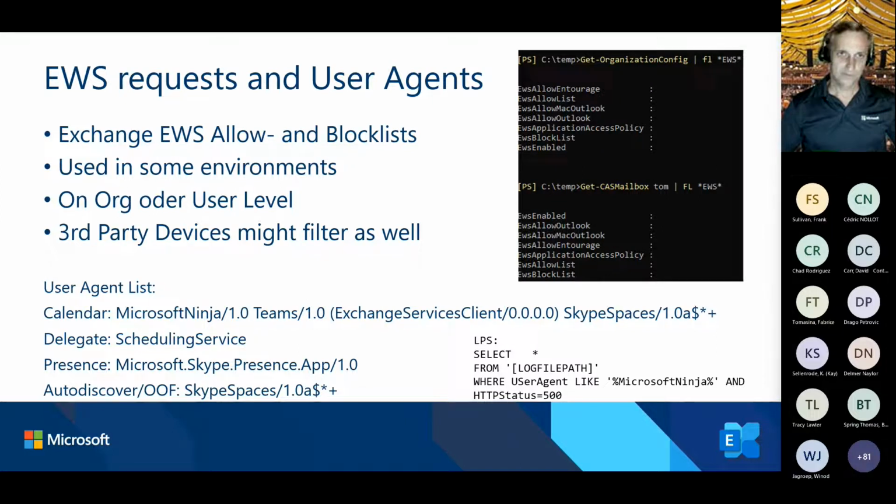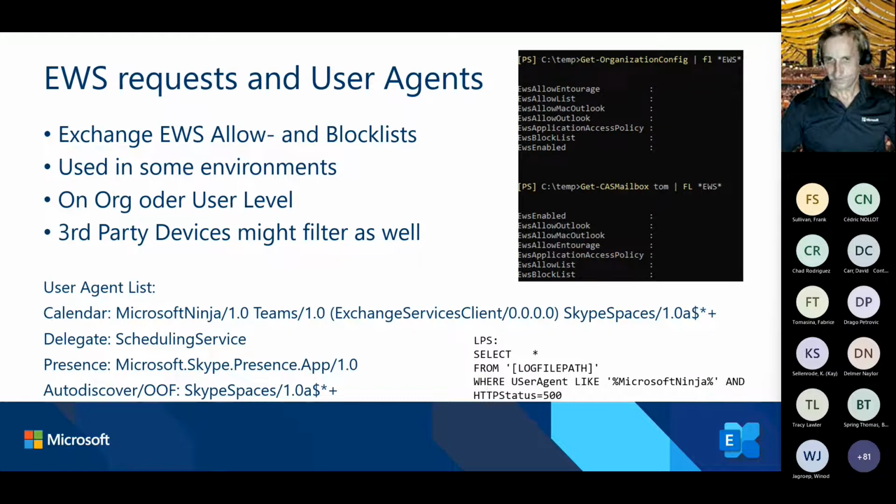To troubleshoot user agent or EWS block and allow list issues, you can also use the EWS proxy logs. From time to time, I'm using Log Parser Studio, and on the lower right side, you can see a sample query from Log Parser Studio for the calendar service.